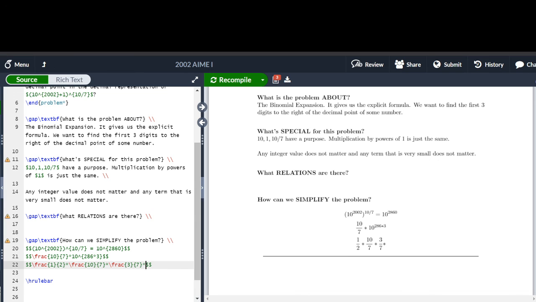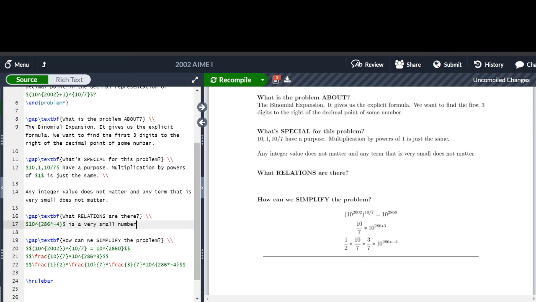So we have actually a negative exponent, or 286 times negative 4. And now hold up. 10 to the power of 286 times negative 4 is a very small number.